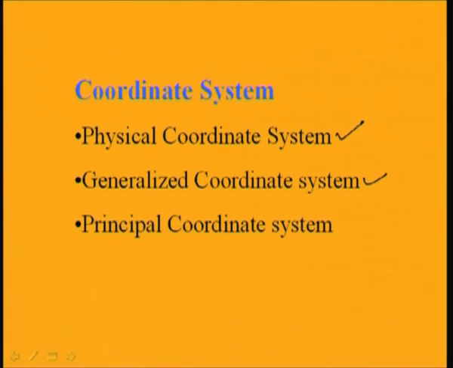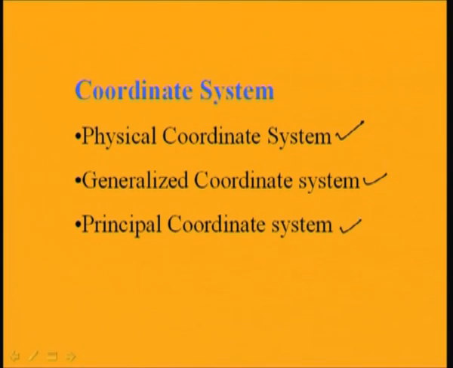So, by this time you know three different coordinate systems. One is the generalized coordinate system, one is the physical coordinate system and the third one is the principal coordinate system. In case of the physical coordinate system, you are taking a reference axis and describing the position of the mass or the position of the points whose motion is required by these physical coordinates.